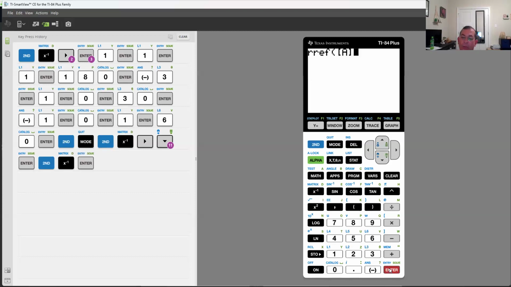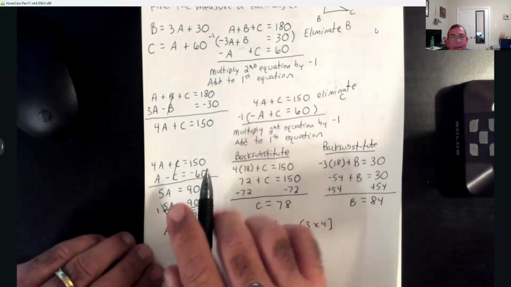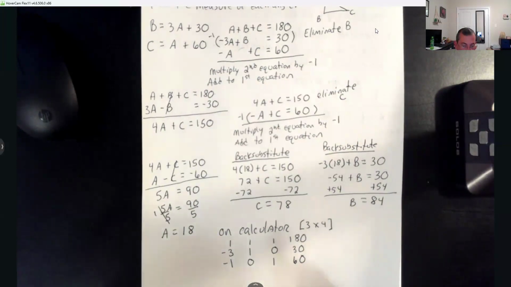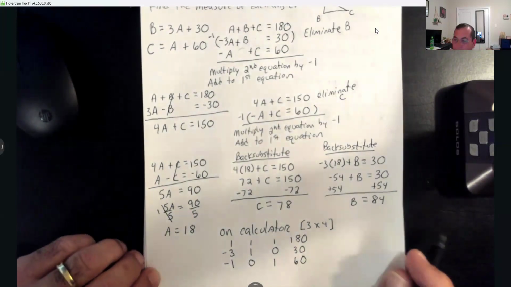So y'all, it's now going to reduce that matrix. And if you look on the right side, we got our 18, 84, and 78. So y'all, either way, if you like doing it by hand, they're fun to do to get these right answers. Or if you'd rather do them on that calculator, plug them in there and see what it does, okay?